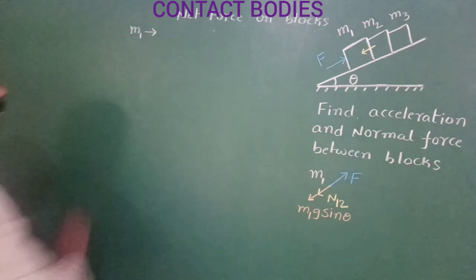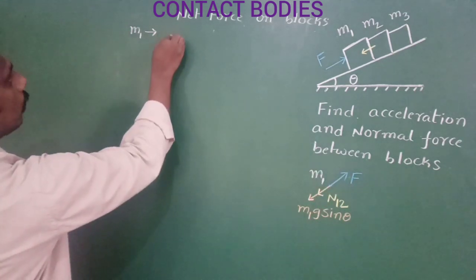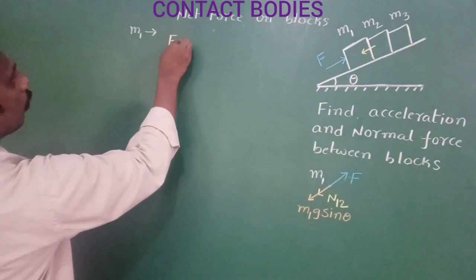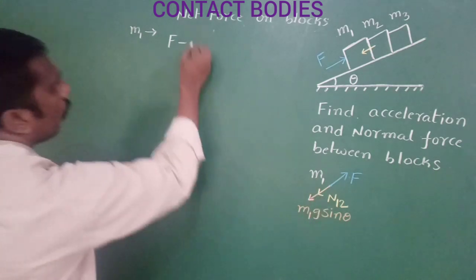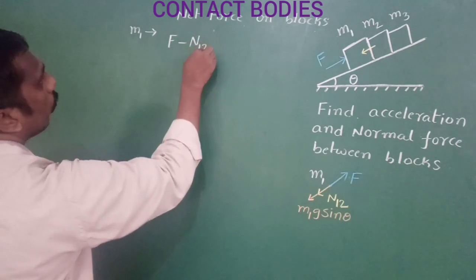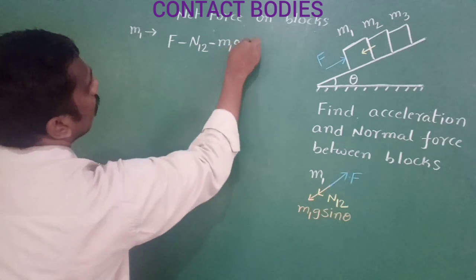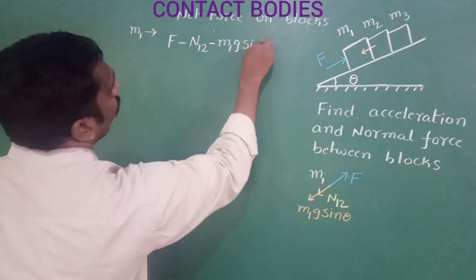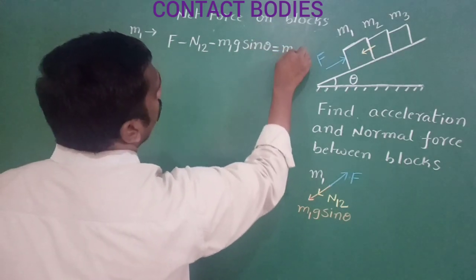On m1, F is acting upward, so we can write F minus m1 sin theta, with n12 acting downward. We can write F minus n12 minus m1 sin theta is equal to m1 into a.